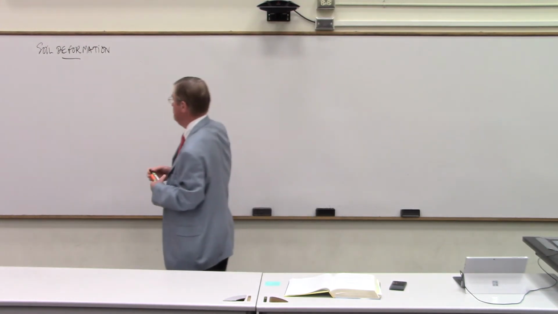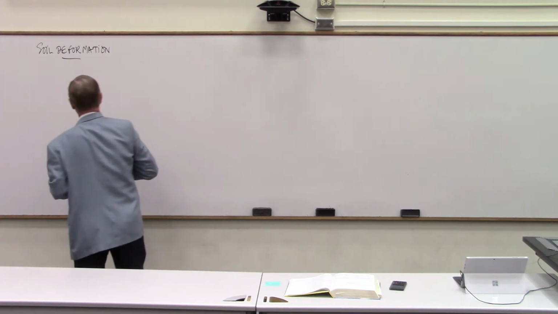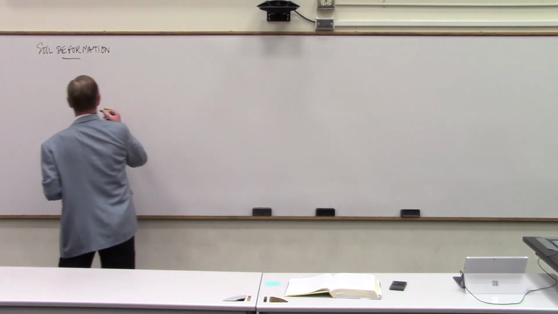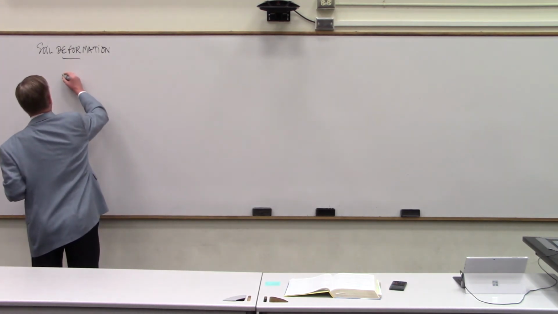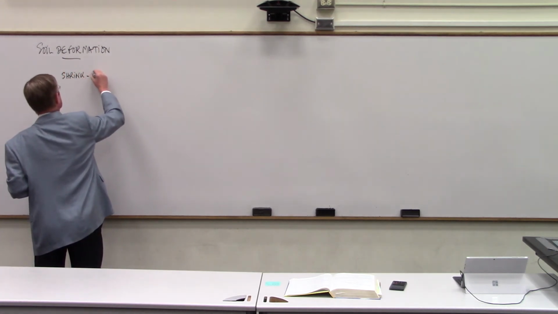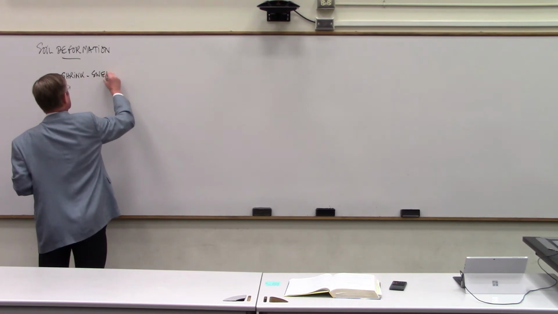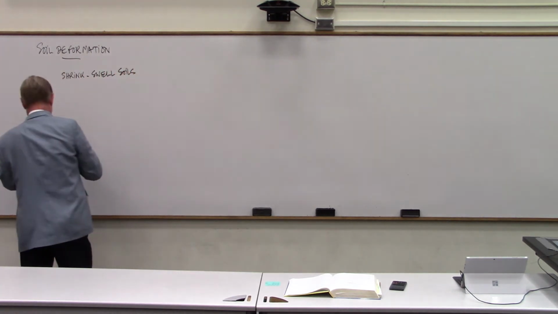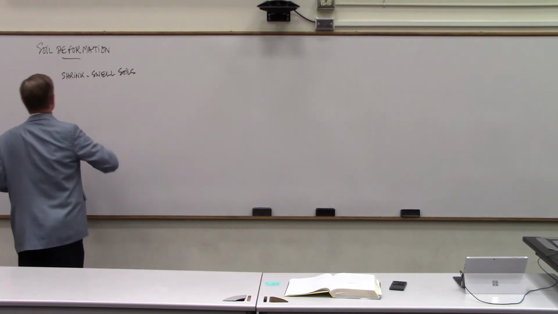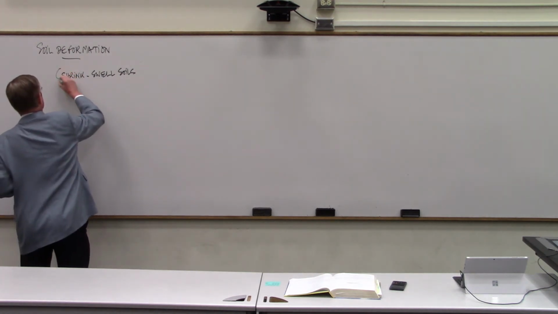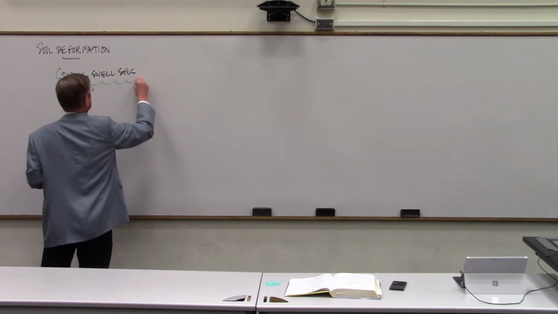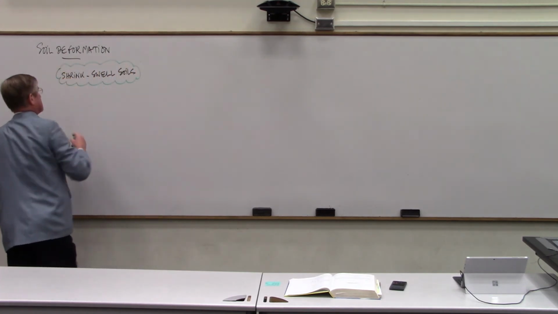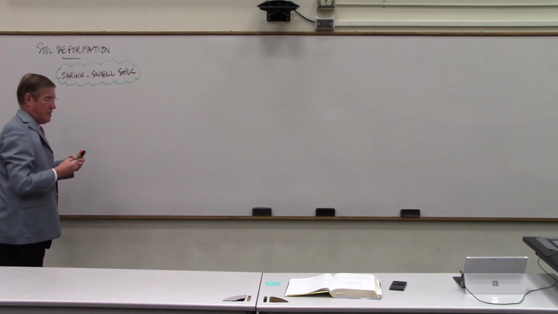So I want to talk about two aspects. So let's discuss shrink-swell soils deformations. Okay. So we're still within deformations, but now the topic is things that go up and down.